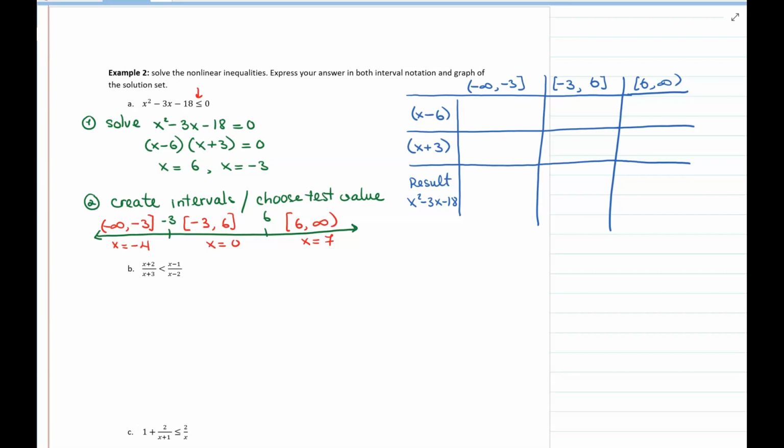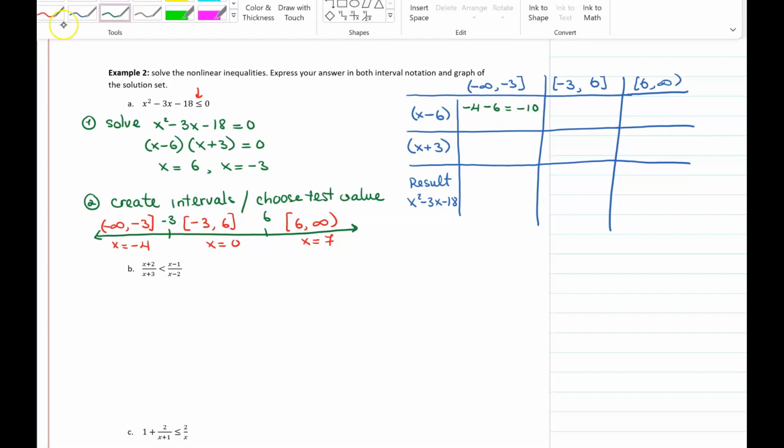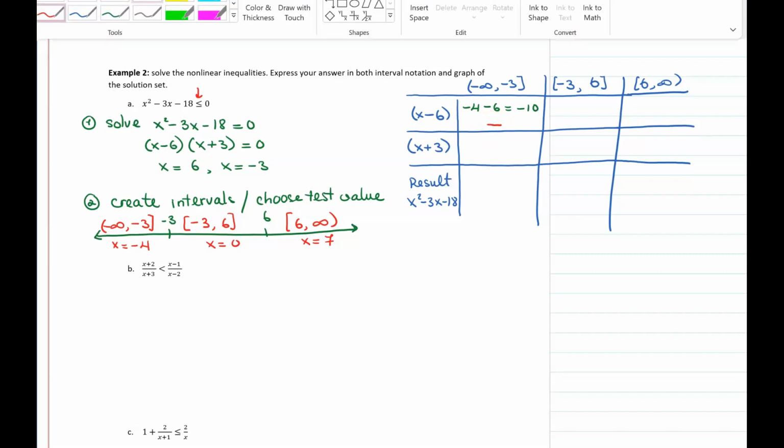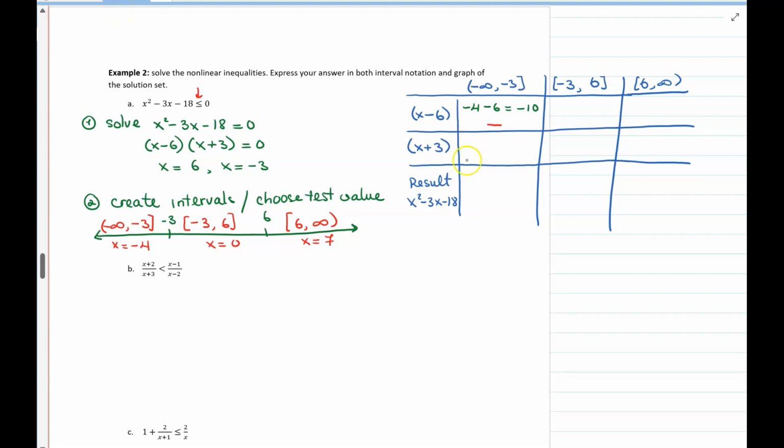In the first interval, when x equal to negative 4, negative 4 minus 6 equal to negative 10. So note that in the first interval, the first factor is negative. And the second factor, negative 4 plus 3, equal to negative 1, is also negative.